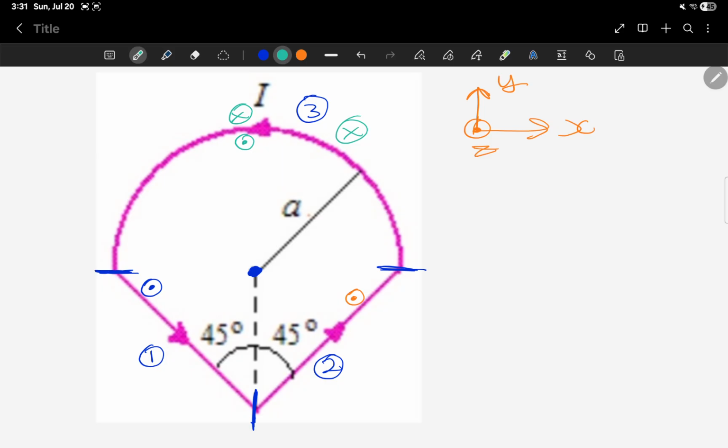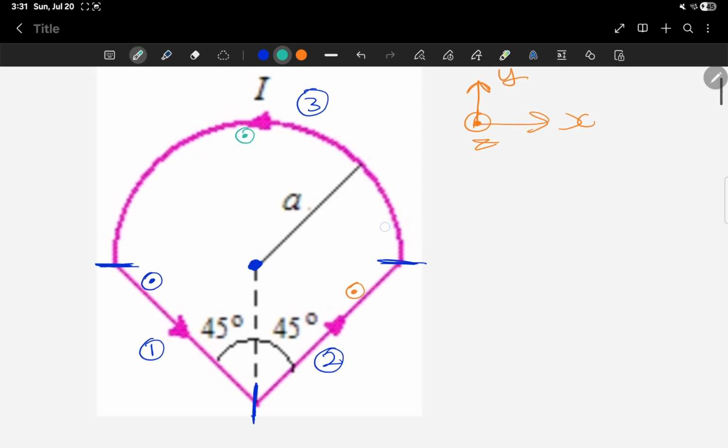And when you keep curling them up until you get a proper fist, on your way back your fingers are going to curl out of the page, out of the tablet, when they get below this semicircle. So that's how we figure out the magnetic field.